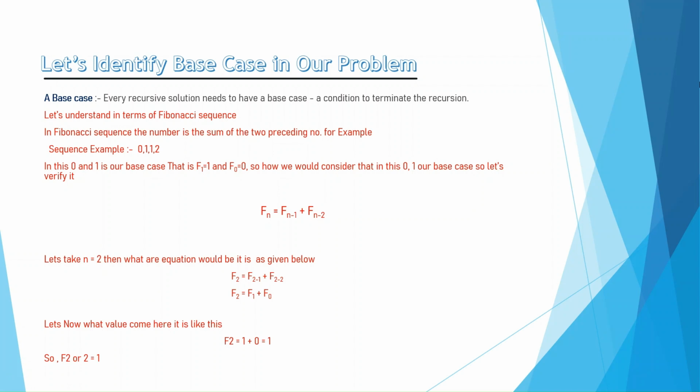If we put n equal to 2, then f(2) = f(2-1) + f(2-2). After simplifying this equation, we get f(2) = f(1) + f(0). Now let's see what values come here: f(1) is 1 and f(0) is 0. So f(2) is 1 plus 0, which is equal to 1. So f(2) is equal to 1. This is how we can identify the base case in our problem.